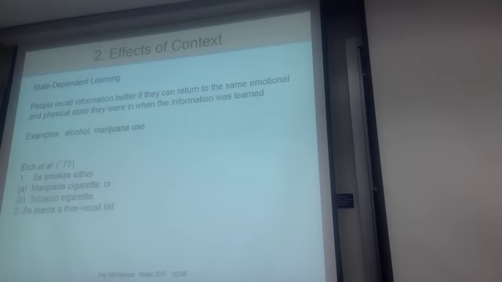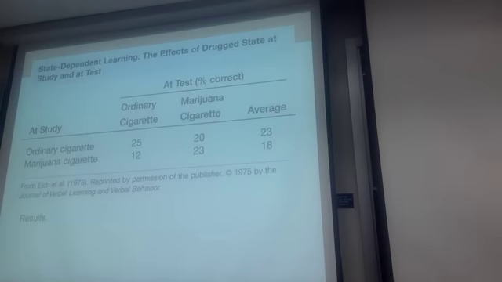This also relates to state-dependent learning with drugs and alcohol. We're showing the same effect here. Going right to the graph, if they were smoking a regular cigarette when they were learning the list of words or whatever it was that they were studying, they then recalled more of those when they were smoking a cigarette later than when they were smoking marijuana.